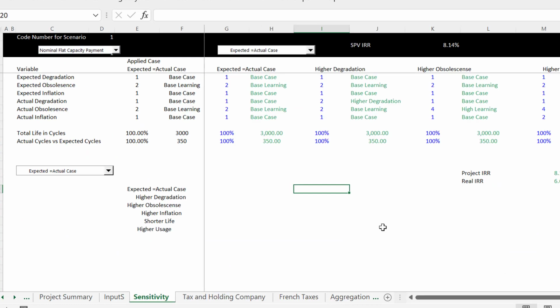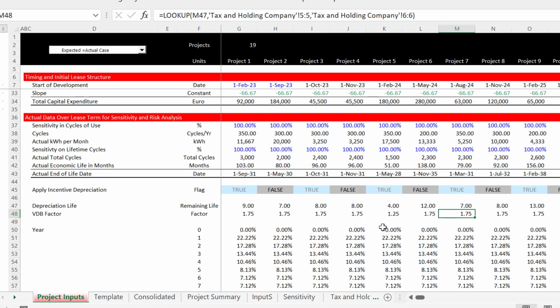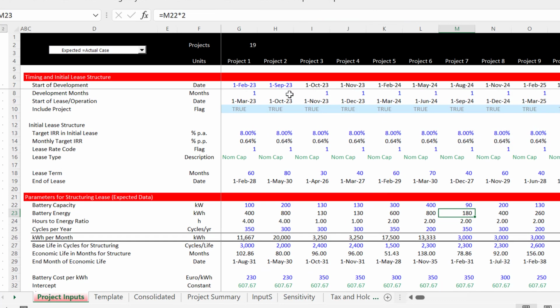So what we could do, I suppose, is see if we can make one really short, just to illustrate. Project 3 is going to have the cycles over the life. I really should have put that in there a lot before. Only 1,000 cycles over the whole life, and we're going to use 350.